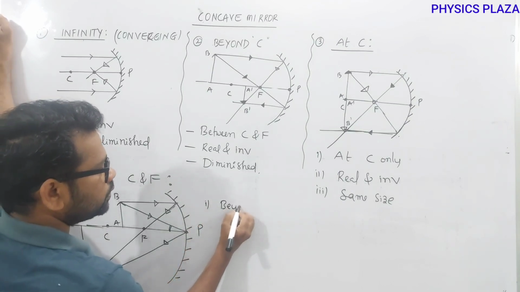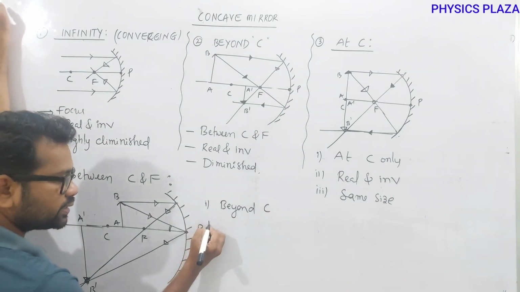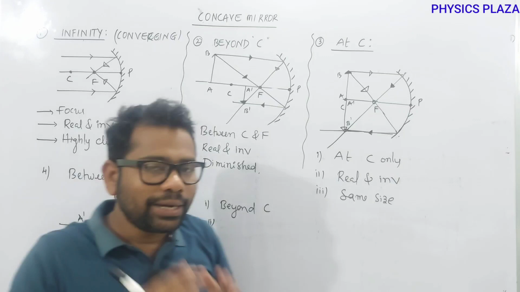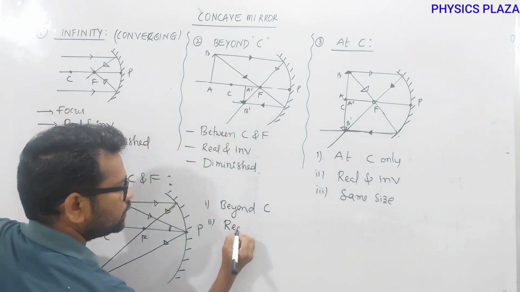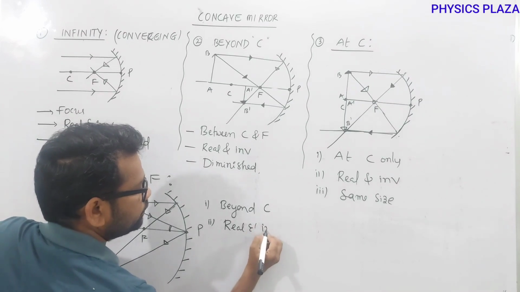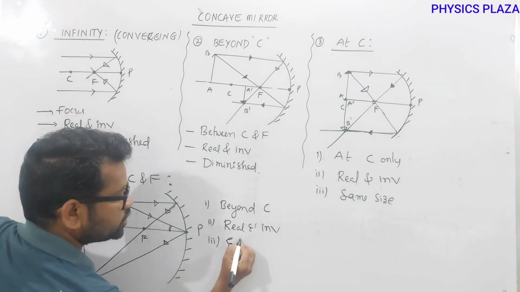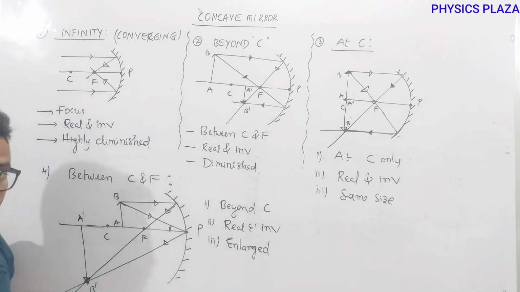Image is formed beyond the center of curvature. And the second one, is it real or virtual? Real image. Why? The light rays are meeting after reflection. So it is real and inverted. Third one is, it is an enlarged image. Okay, children.